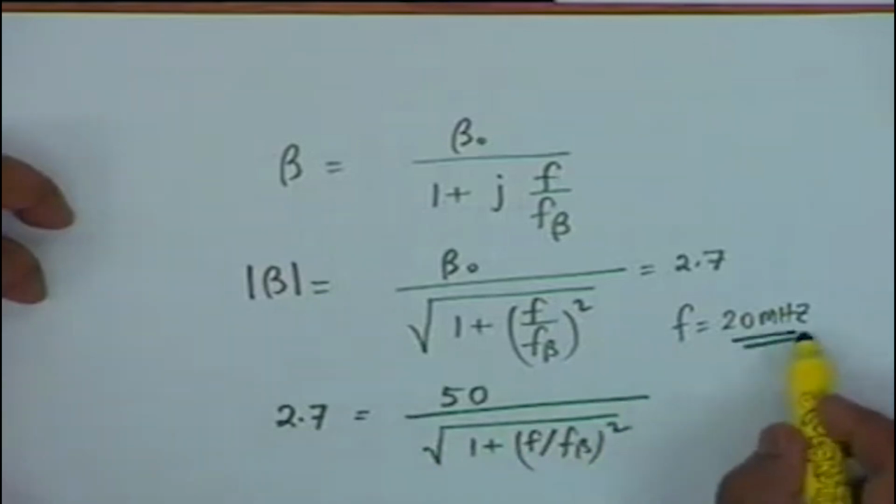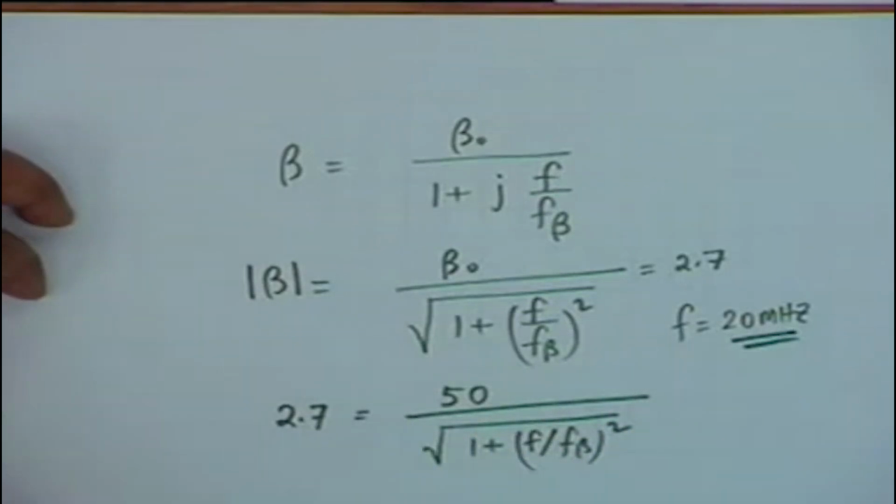Now, at such a high frequency, 20 megahertz, 1 can be ignored compared to f by f_beta.